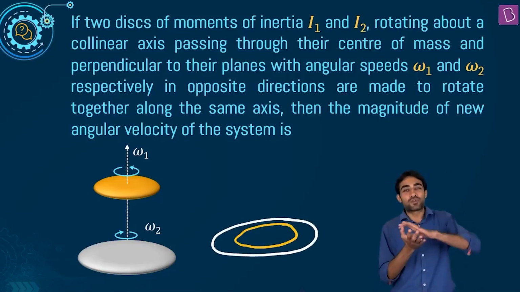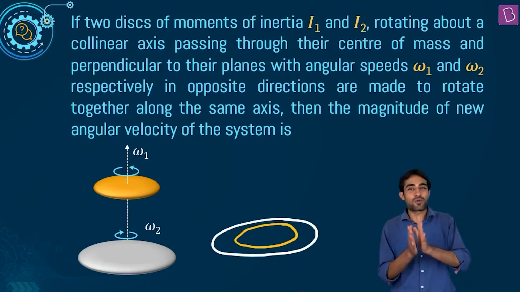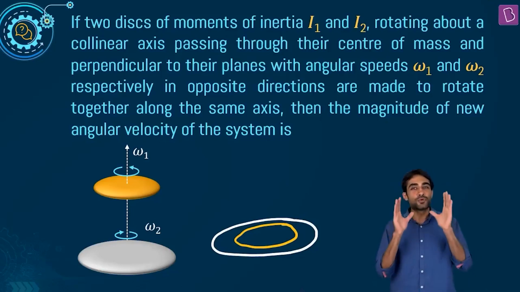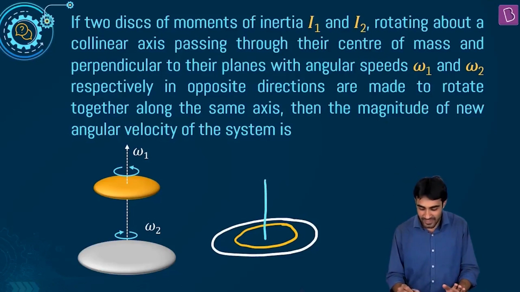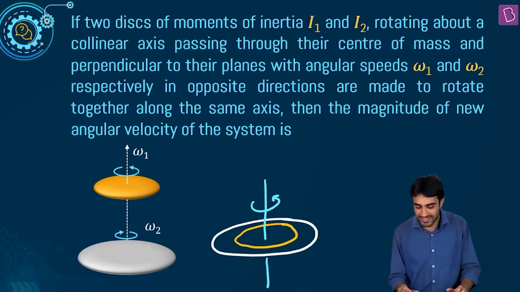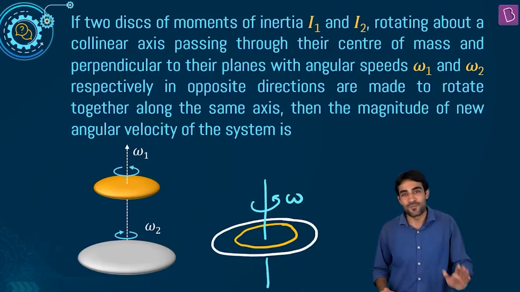These two disks will rub on each other. Lot of friction force will be acting, lot of noise will be produced, lot of heat will be generated, and there will be huge loss in kinetic energy. And finally, these two disks will rotate with common angular velocity, let's say omega. We have to find what is this common angular velocity omega.